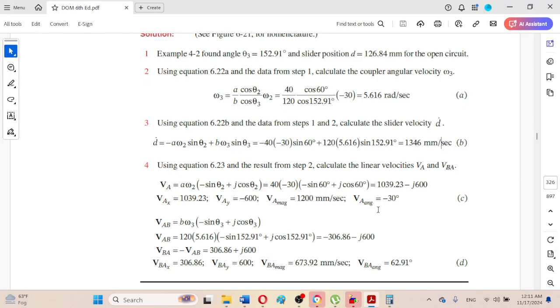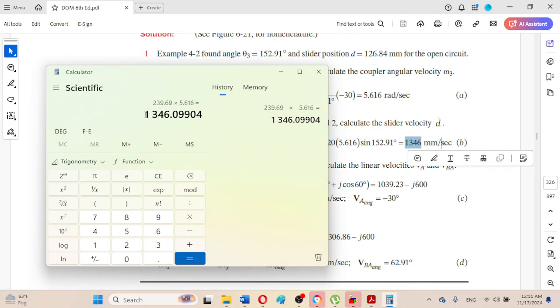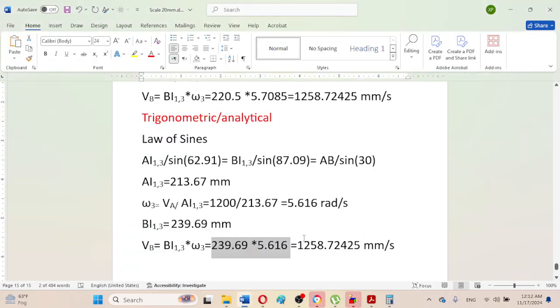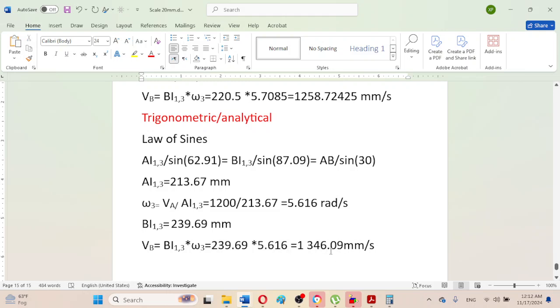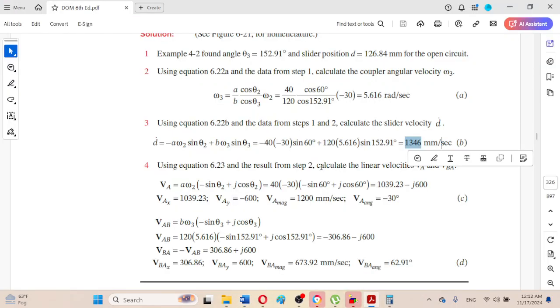So as we can observe, 1346, so analytical results are 100% correct and okay. Just copy it here and paste it here. So this is the velocity of the slider VB or d dot, because d dot actually is the first derivative of the position, which is the velocity.